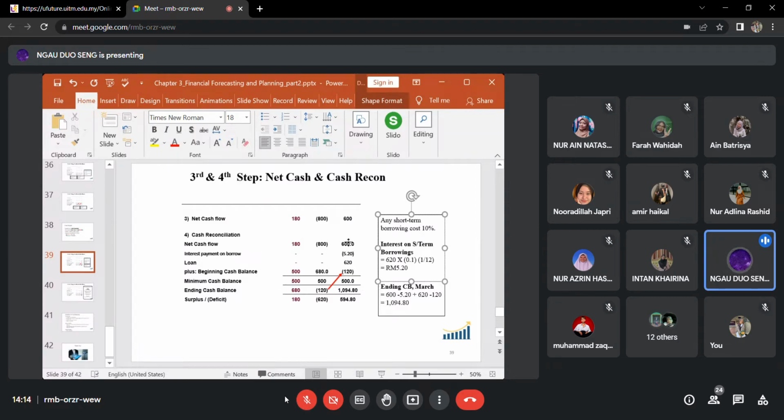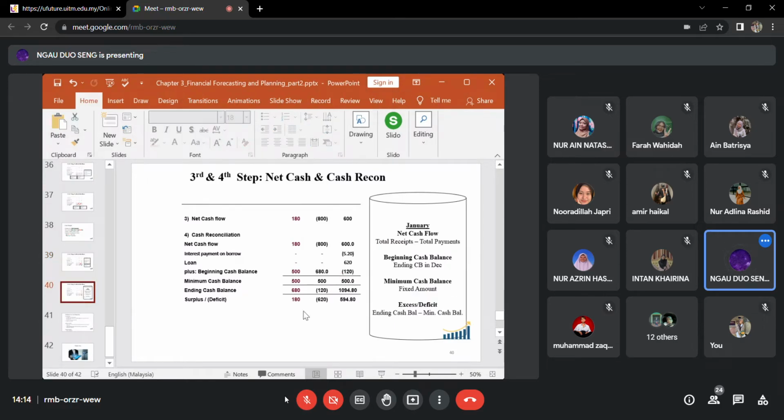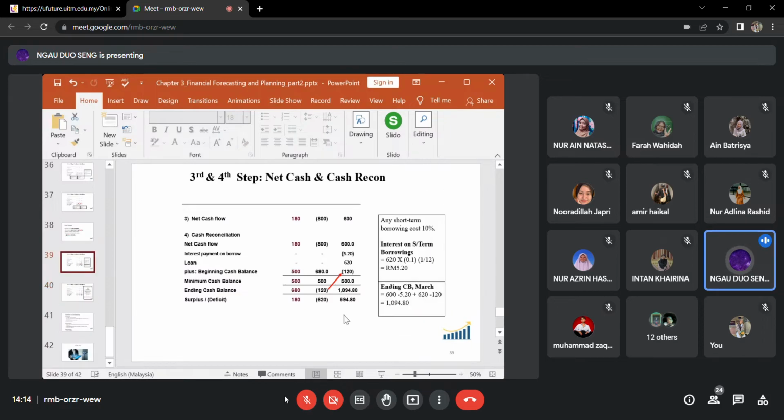Using 600 net cash flow, we minus the interest payment 5 ringgit 20 sen, plus the loan 620, then minus the beginning, tak cukup 120. So we have ending cash 1,094.80. Okay. All right. So we have surplus already lah here.